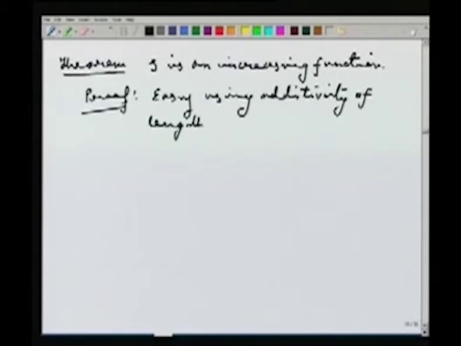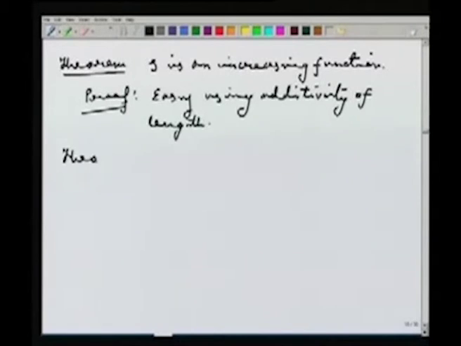Now there are some more important properties of this function S we are interested in, and that is given in the following theorem. So the theorem is this.